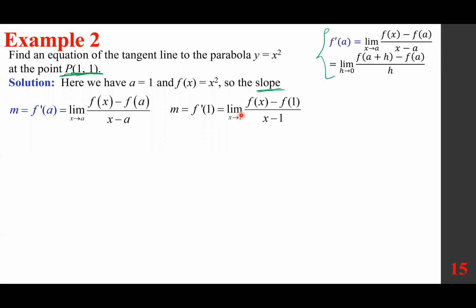The limit of f of x minus f of 1 over x minus 1 as x approaches 1. What is f of x? x squared. This is simple factoring. Everybody knows how to do that. The top becomes x plus 1 times x minus 1. The x minus 1 drops.